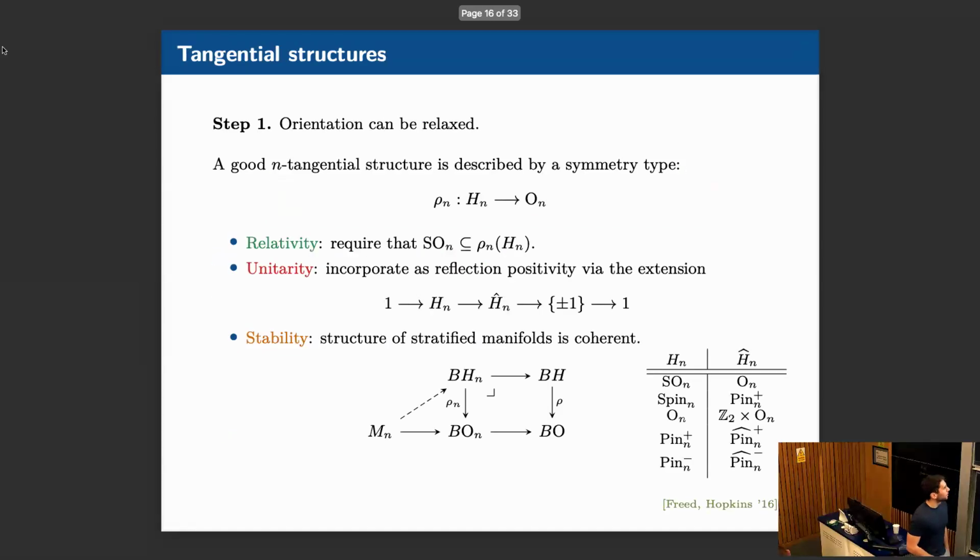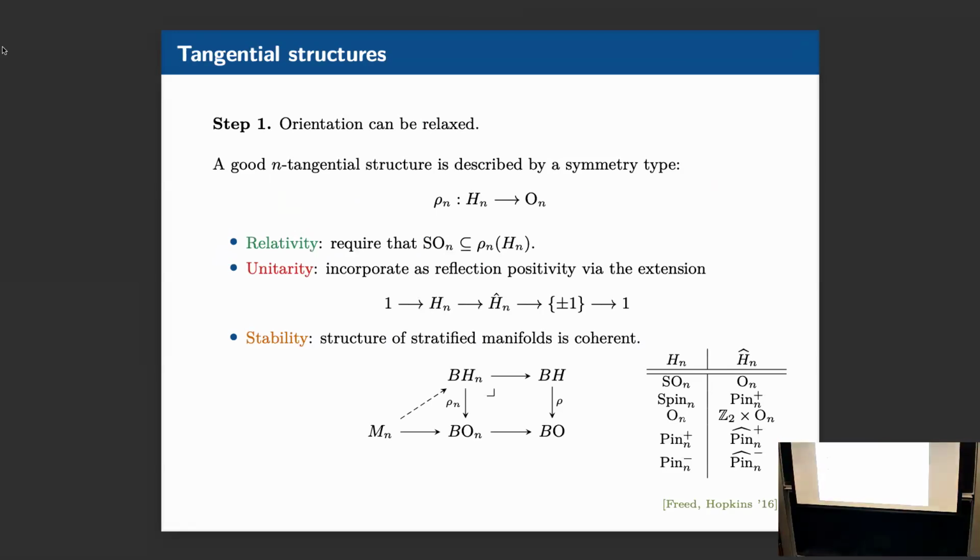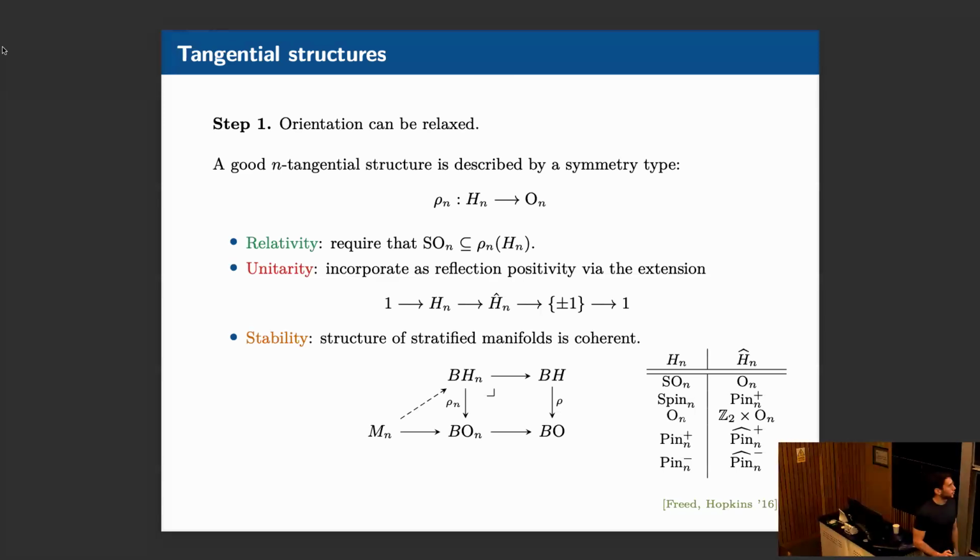Okay, so let's first say what we need to know in order to account for more generic tangential structures, which is the following. More general tangential structures are usually in correspondence with so-called symmetry types, which means that you just have a group H_n and a group homomorphism into O_n.